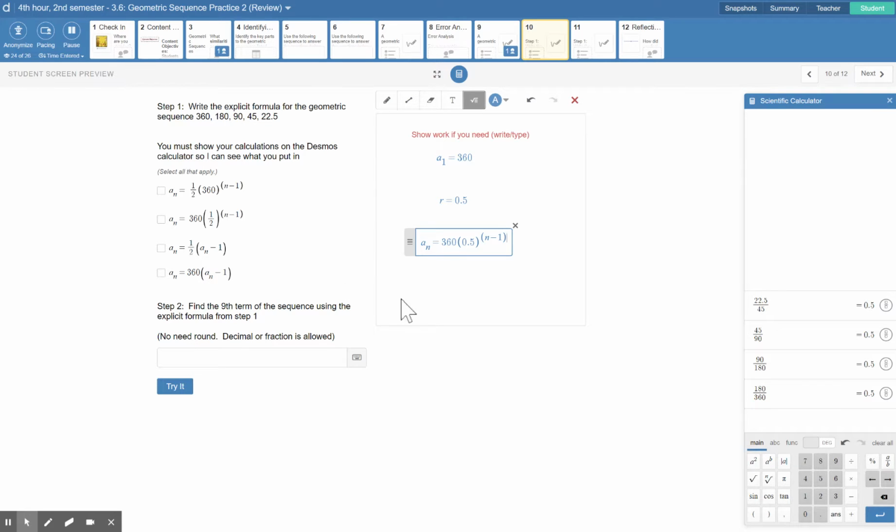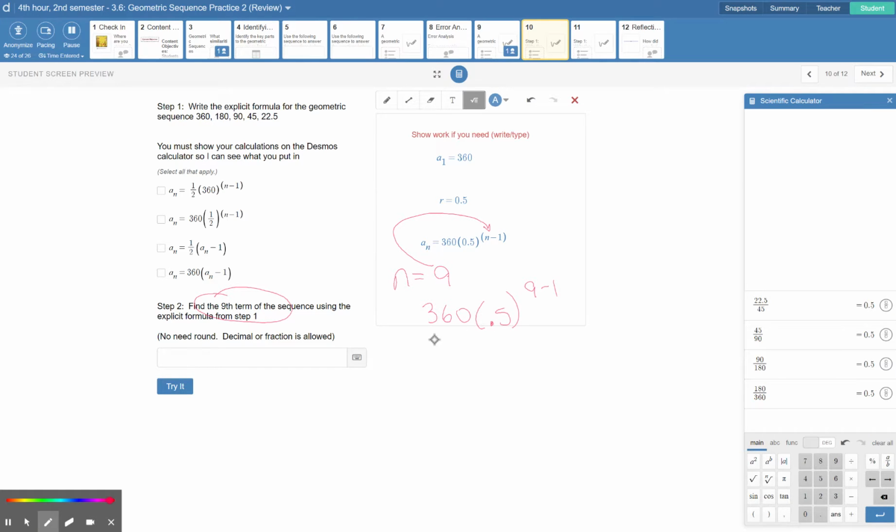Step 2 is where students get a little confused because it says the 9th term. Well, what does the 9 mean? The 9 means the n value. So that's the term we're looking for. So you want to plug that 9 into the exponent. Remember, you have that 9 minus 1, so you have to make sure that you do that.